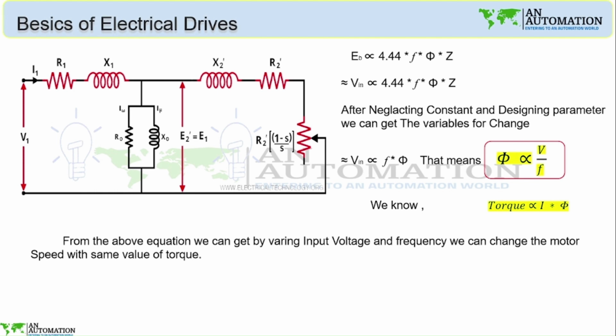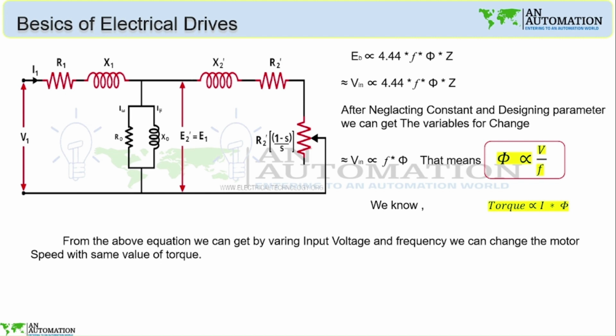But if we change the frequency to lower or raise the induction motor speed, the torque will change, because torque is proportional to phi into I. If we increase the frequency, then the flux will go down, so we can't get a defined torque. So we will also have to change V. It will help us keep the ratio of phi the same.